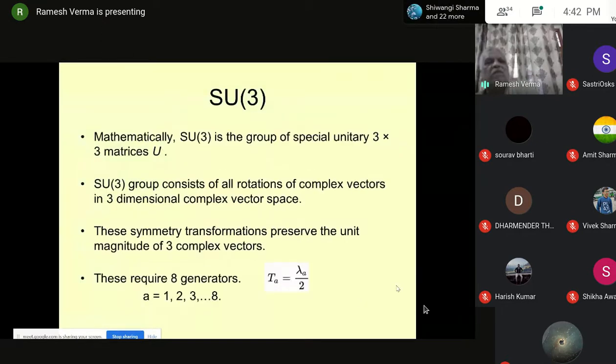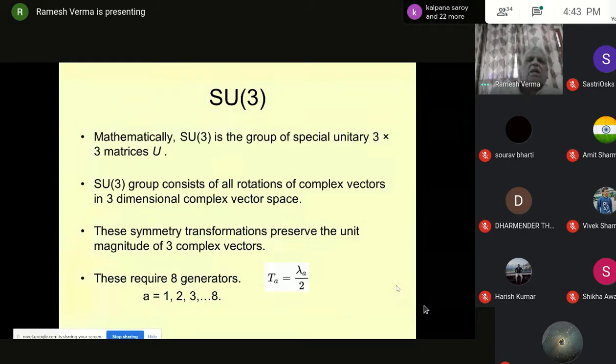So now, a little bit of, as I mentioned, the SU(3) group is nothing but a group of special unitary 3x3 matrices. Unitarity condition: suppose you choose a matrix and you find its inverse is nothing but its adjoint, that means complex conjugate with transposition.